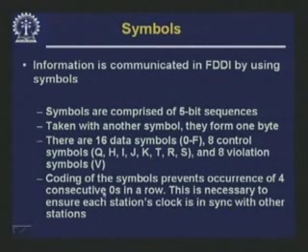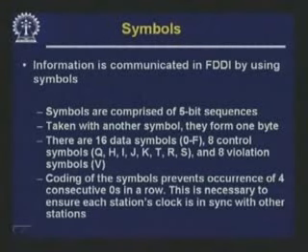So, the transitions that take place when you go from a 0 to a 1, that transition edge is used for synchronizing the clocks. This is a very common method of synchronization. So, that is why we have got the codes in such a manner, so that we do not have a long string of zeros, because then the synchronization may drift.